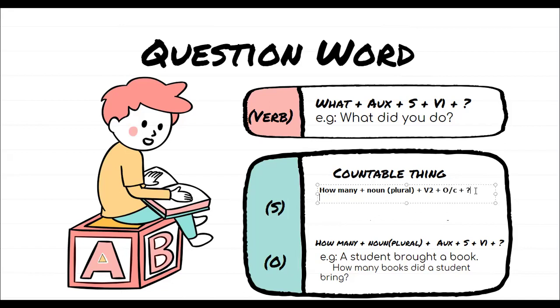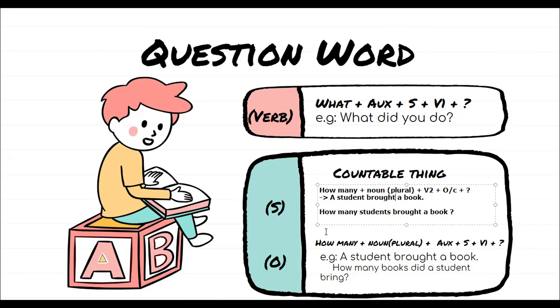So if the example is a student brought a book, then the question is gonna be how many students brought a book. Sorry that we are using past tense. Yes, how many students brought a book?